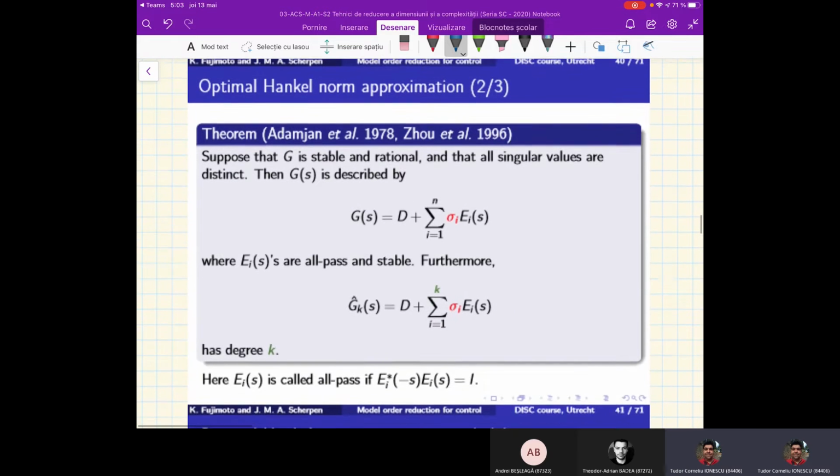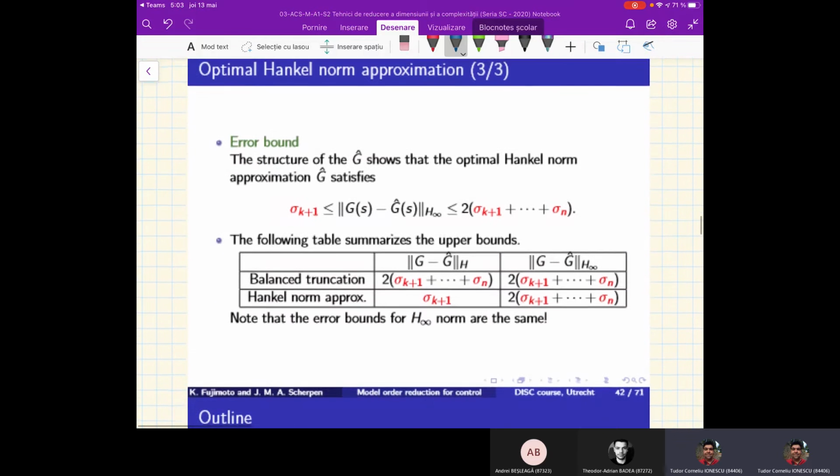Of course here they are recalling the optimal Hankel norm approximation, which we discussed at a certain point, and you can all read about it once again.